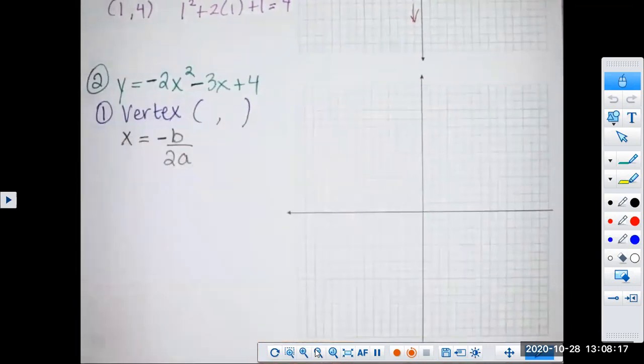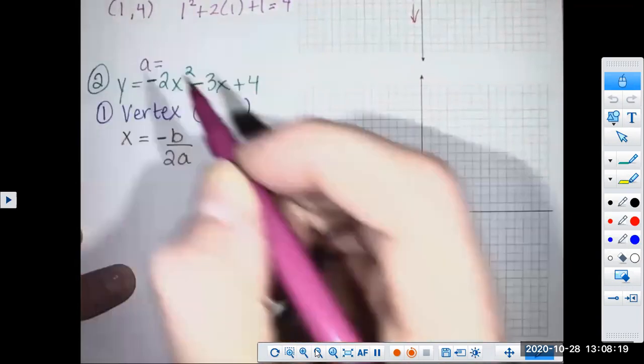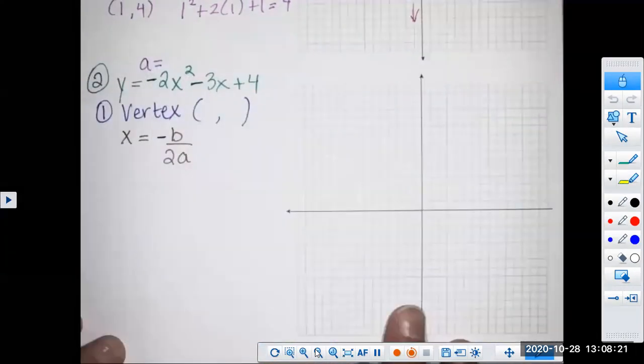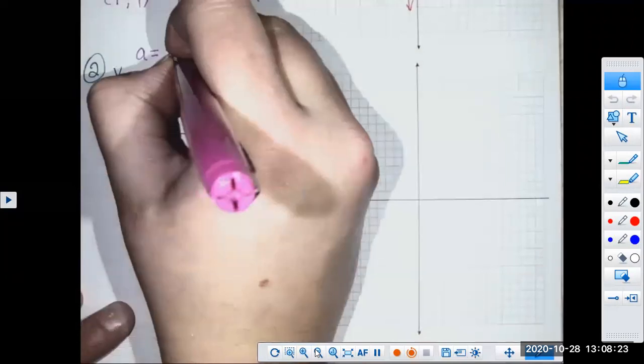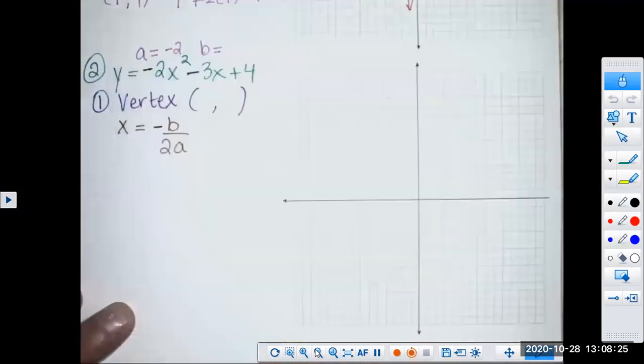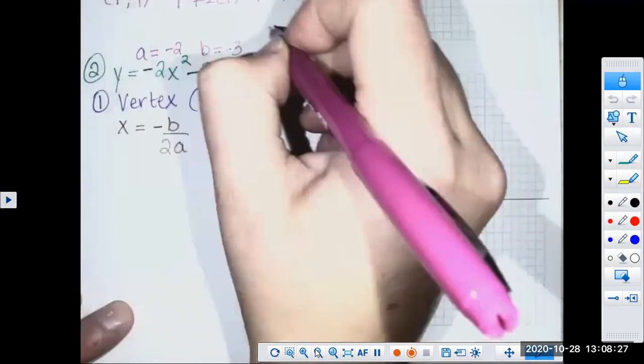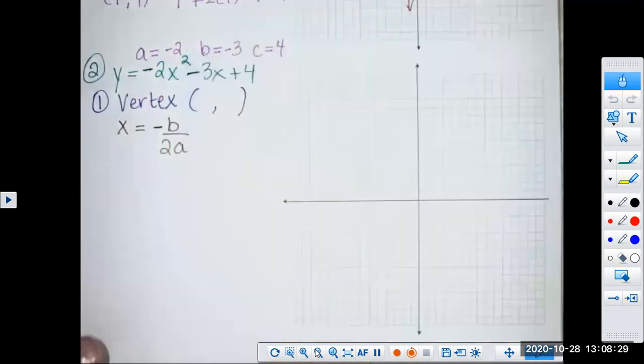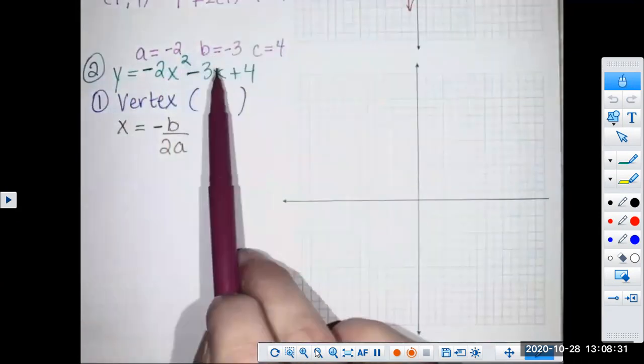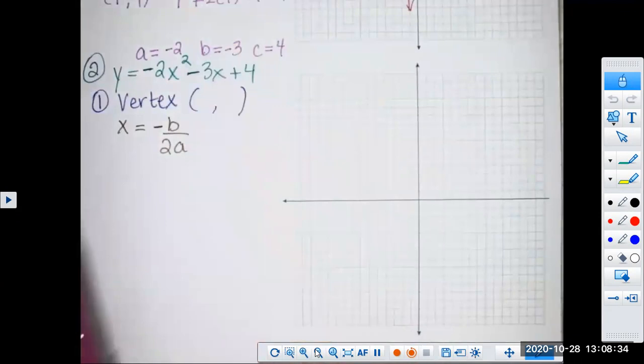What is a? Good, a is negative 2, b is what? Negative 3. C is positive 4. Where should it cross the y-axis? 4. We'll see if it does. It should. All right, going back to this, let's plug in to figure out our x coordinate.